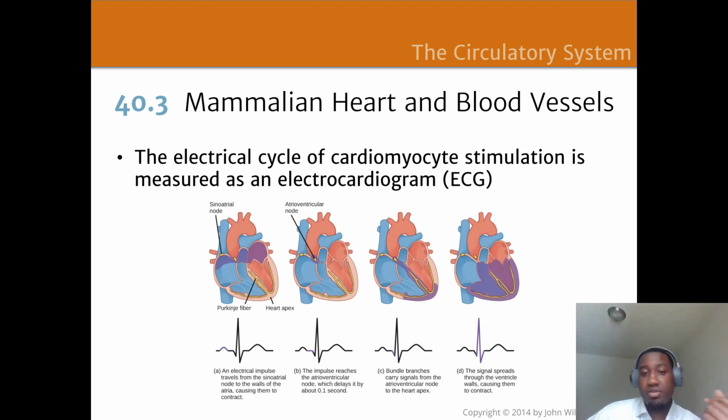Now we get to the ECG. You guys have seen it in hospitals. That's the heartbeat. We talked about electricity in the central nervous system.